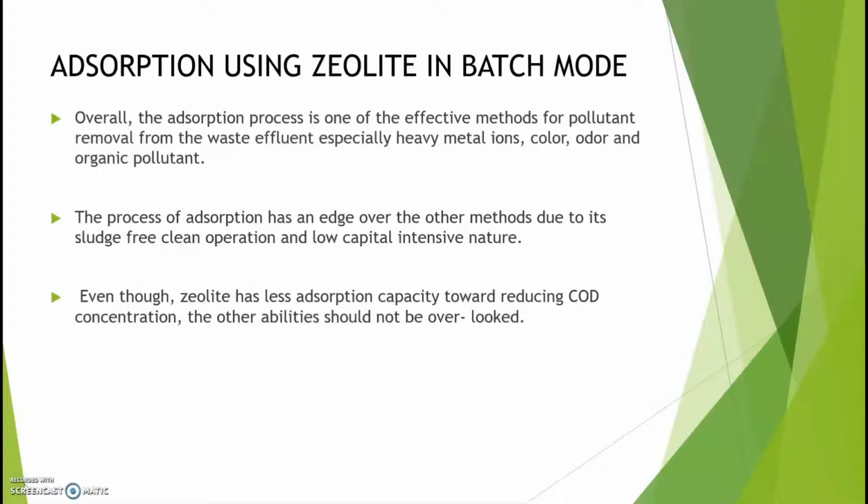The process of absorption has an edge over other methods due to its clean operations and low capital intensive nature. Even though zeolite has less absorption capacity toward reducing COD concentrations, the abilities should not be overlooked.